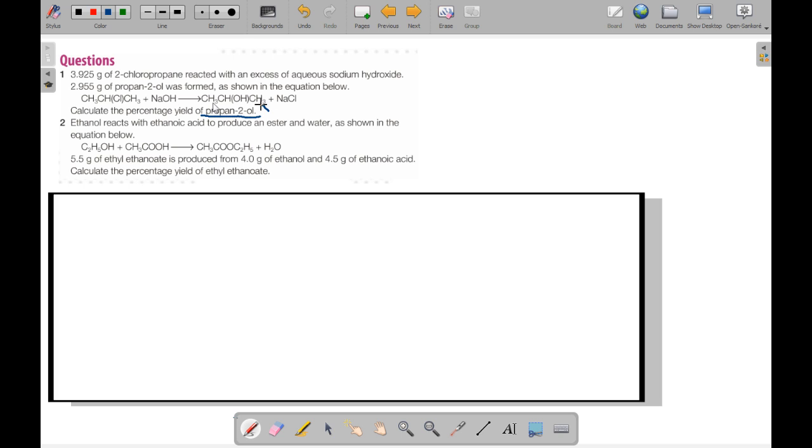And ethanol reacts with ethanoic acid to produce an ester and water as shown in the equation below. 5.5 grams of ethyl ethanoate is produced from 4 grams of ethanol and 4.5 grams of ethanoic acid. We need to calculate the percentage yield of ethyl ethanoate. So I'll give you a few seconds to pause the video and have a go at the questions.